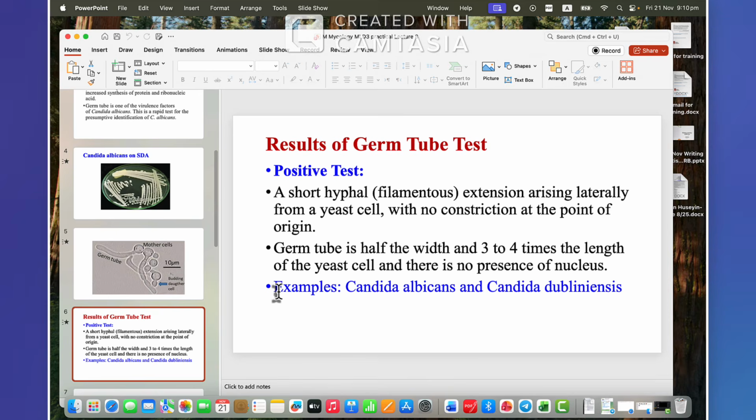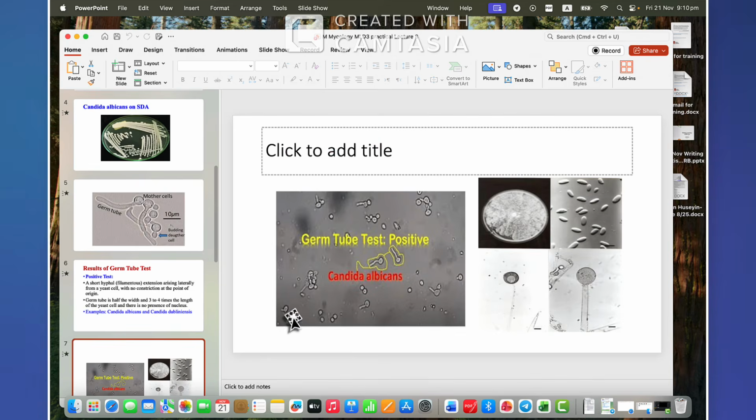As I said, it is positive in Candida albicans and Candida dubliniensis, and the other species of Candida are negative. So with this we can detect and differentiate between Candida albicans, which is positive, and the others like tropicalis and glabrata, which are negative. As you see, this is germ tube under the microscope.